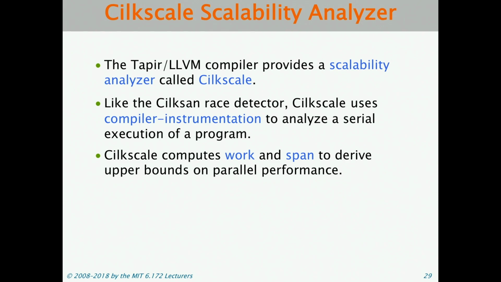This is integrated into the Tapir LLVM compiler that you'll be using for this course. Cilkscale uses compiler instrumentation to analyze a serial execution of a program, and it's going to generate the work and the span quantities, and then use those quantities to derive upper bounds on the parallel speedup of your program. So you have a chance to play around with Cilkscale in homework 4.